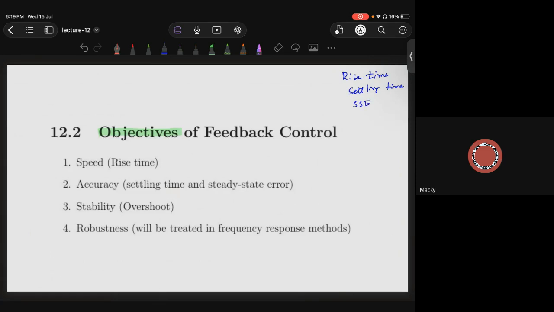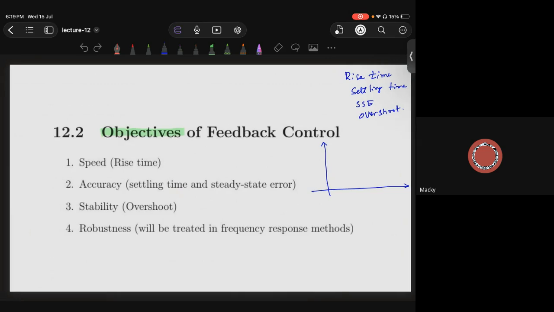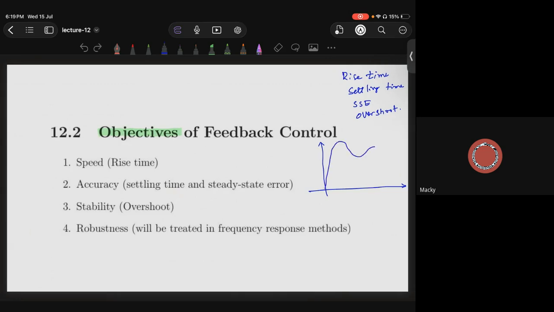What other things? Overshoot. Am I correct? Is that right? Okay. So if you consider a first order system, or if it is a second order system, you'll have something like this, correct? So we define various terms like rise time.